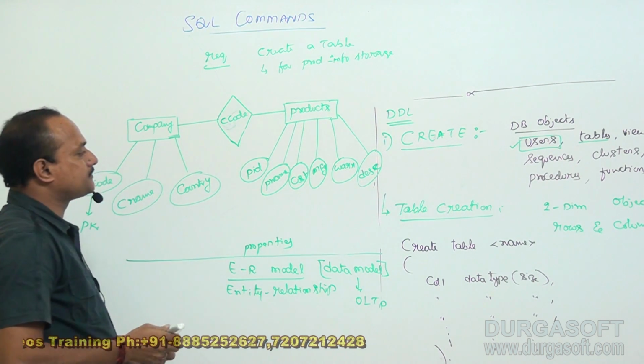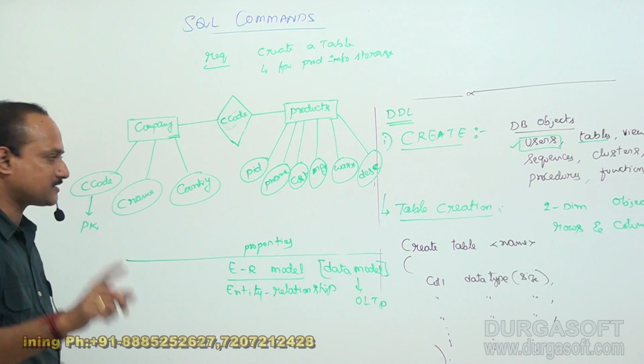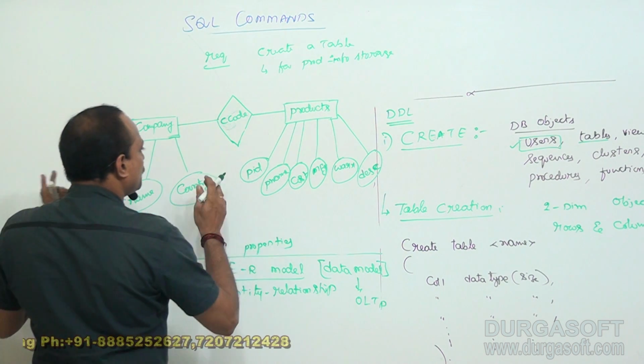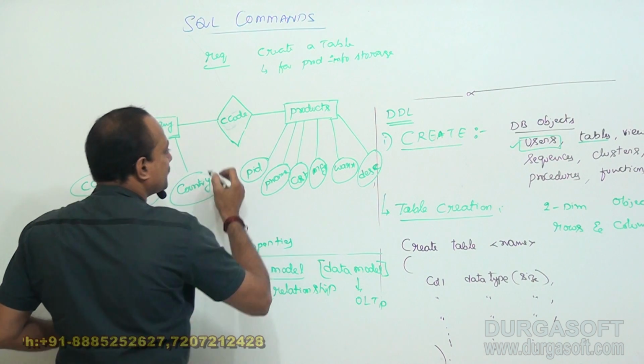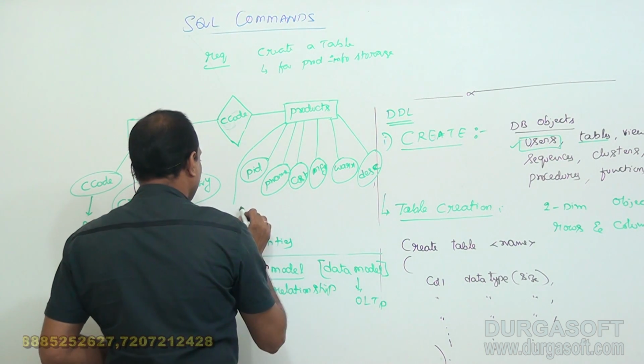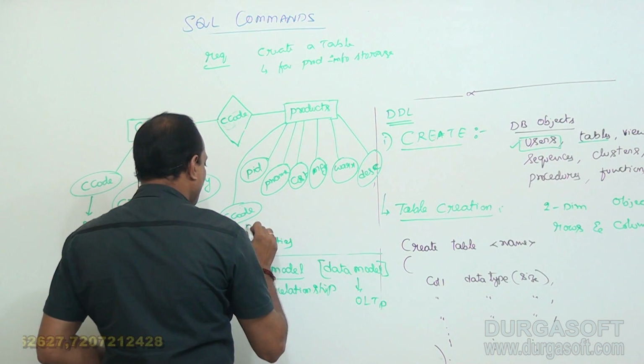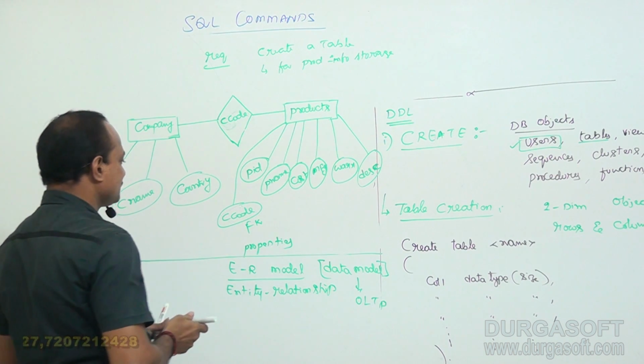These are called properties of the object product. These are related with each other through company code, so we should maintain another property, that is C code. C code is a foreign key.